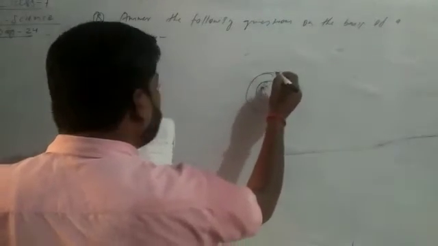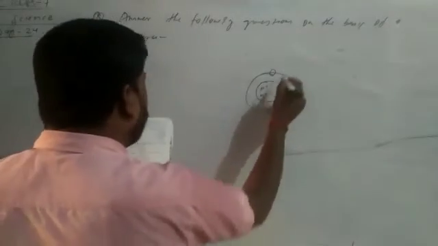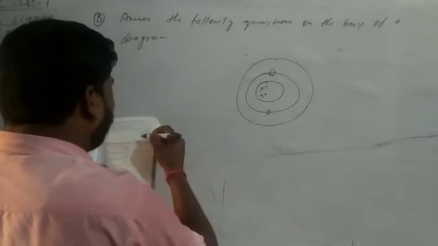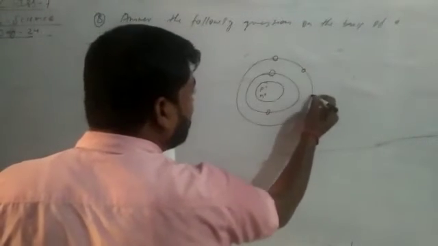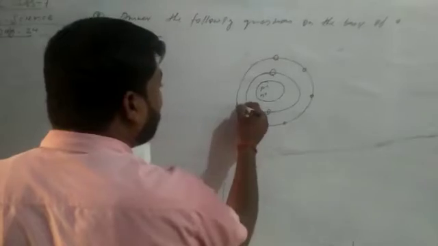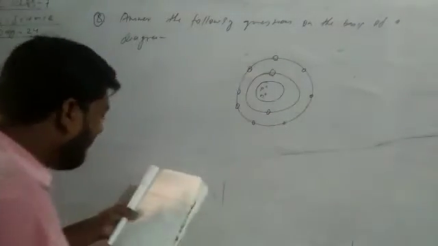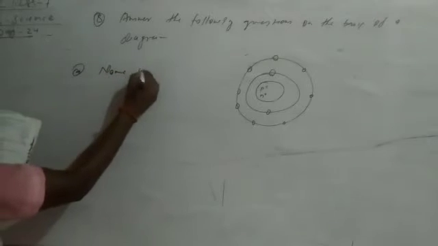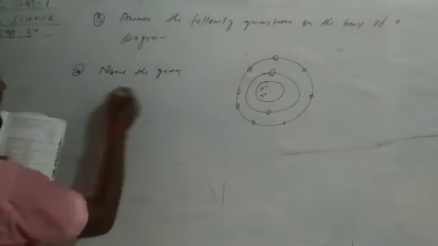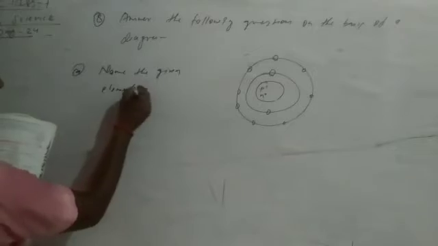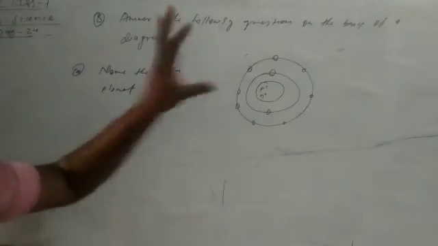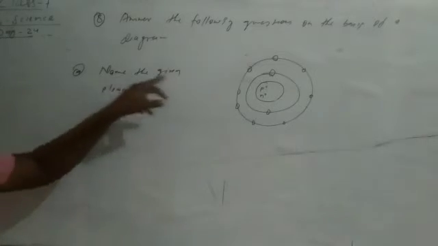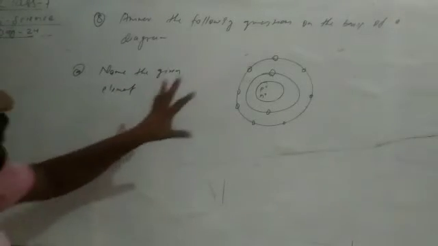Thereafter first shell, 2 electrons are here. Thereafter 1, 2, 3, 4, 5, 6, 7, 8. Okay? Question is, name the given element. Dear student, by the diagram we have to say the answer. Write here the answer: name the given element.